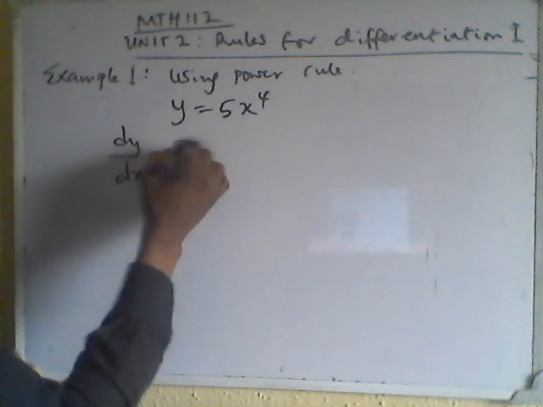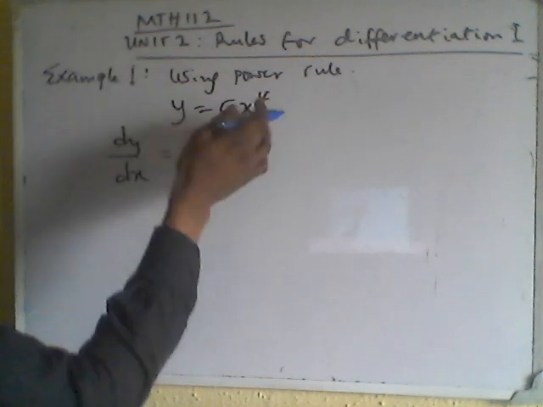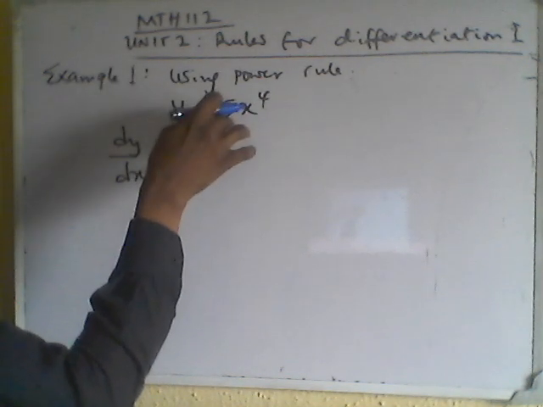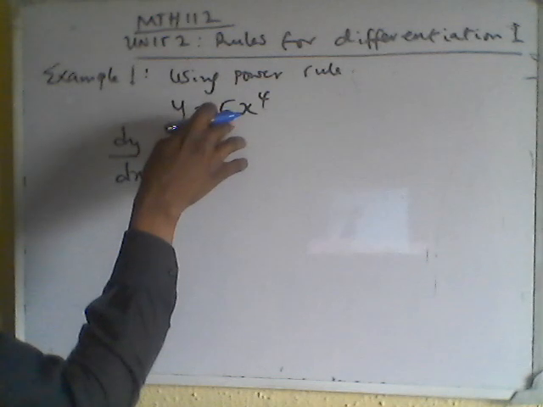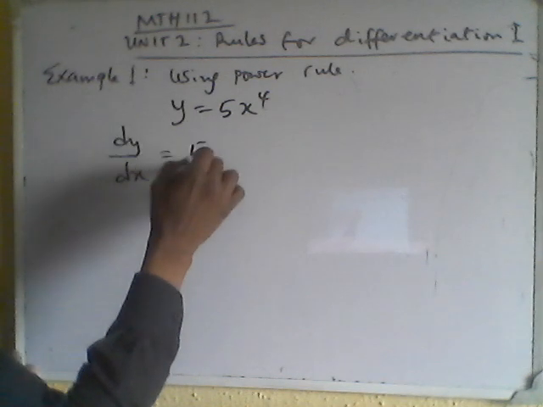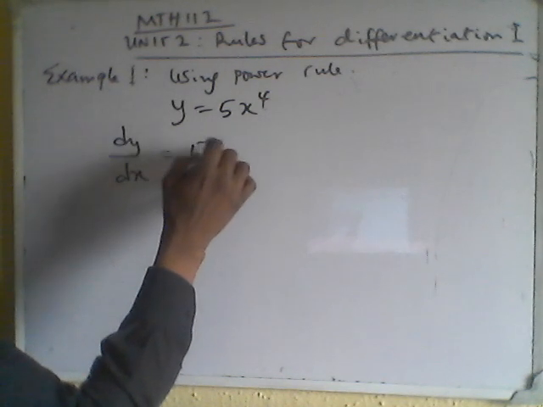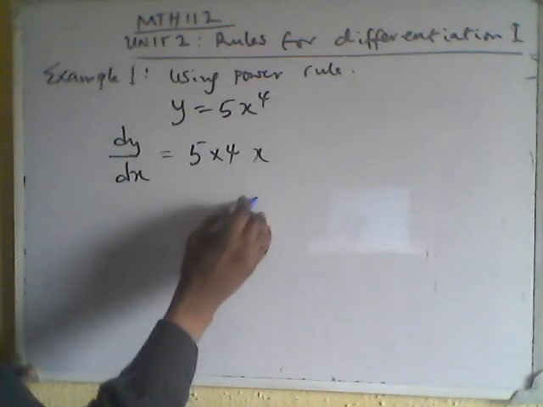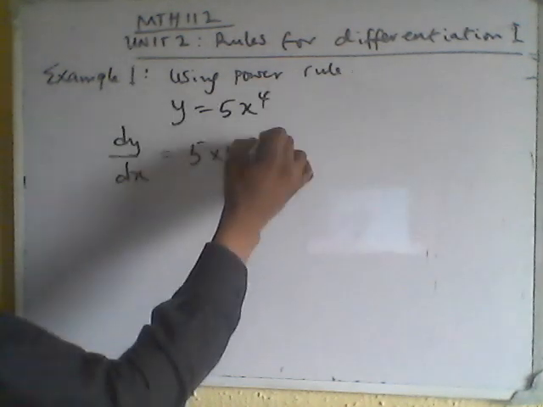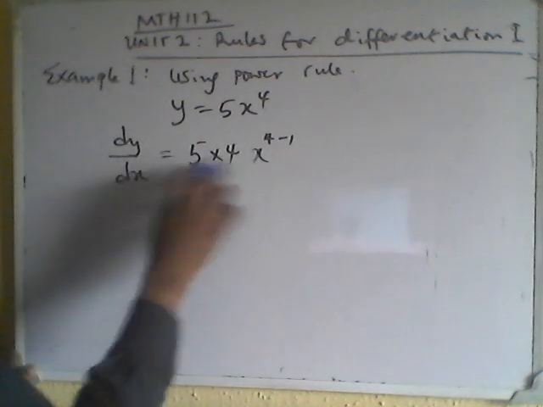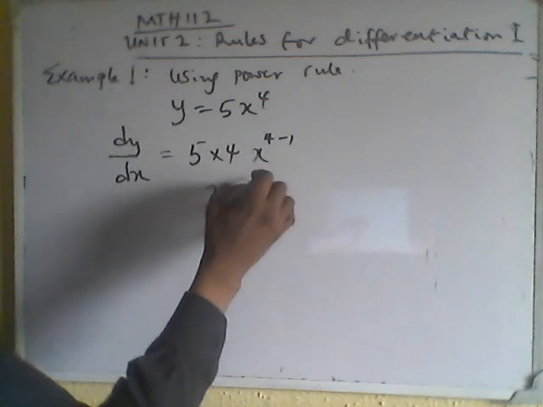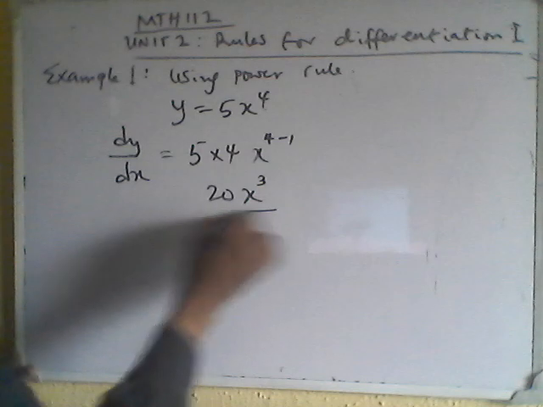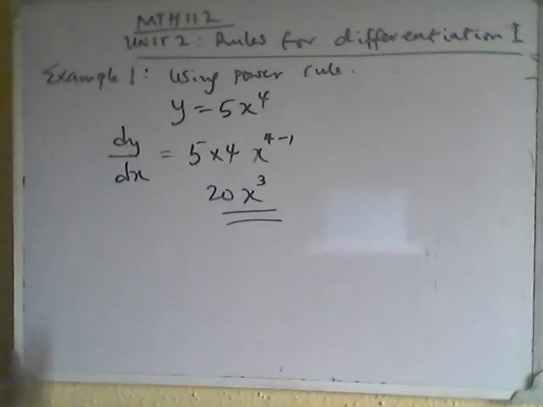I'll say this power 4 times this coefficient 5. So I will say 5 times 4, then x, then this 4 reduced by 1, 4 minus 1, you understand? So 5 times 4 is 20, x to the power 4 minus 1 is 3. So this is the answer. So that's using the power rule.